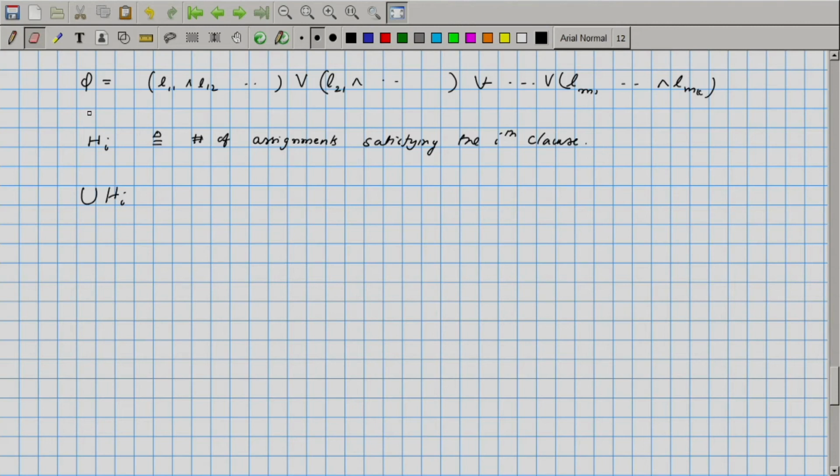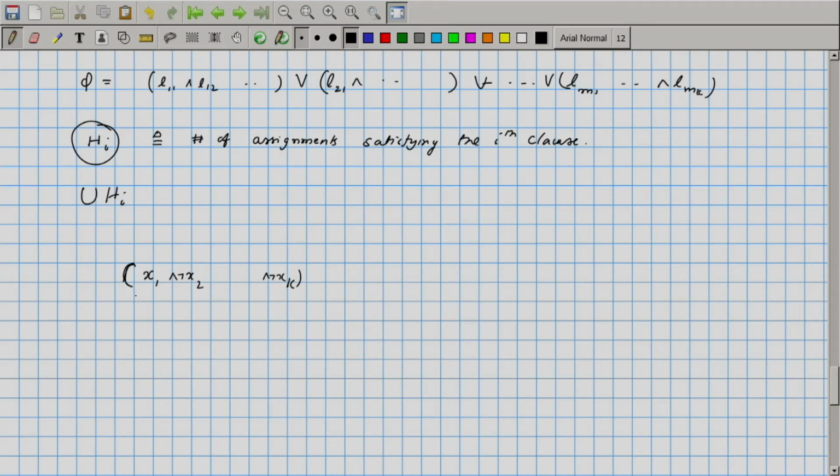Let us see if we can just compute each Hi. If you look at each Hi, they are of the form, let us say, x1 and x2 and xk, maybe not, and so on. How many satisfying assignments are there for this?